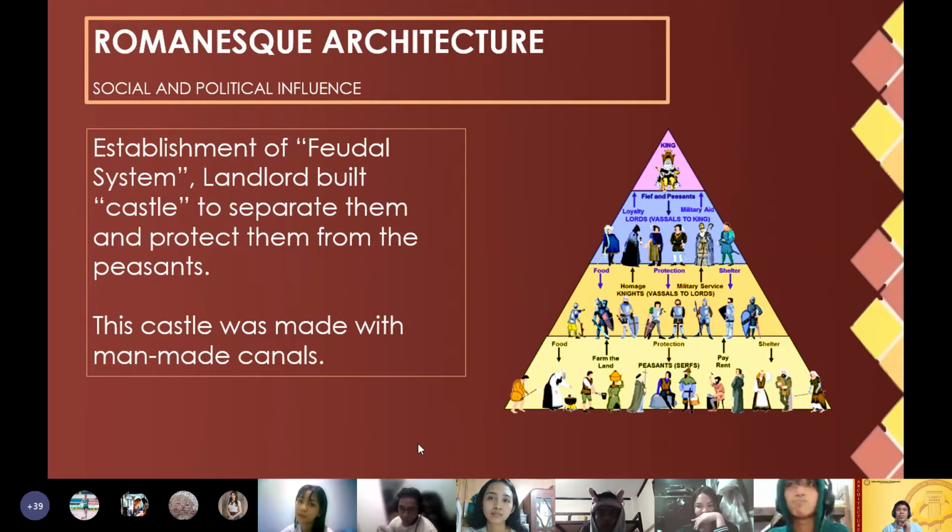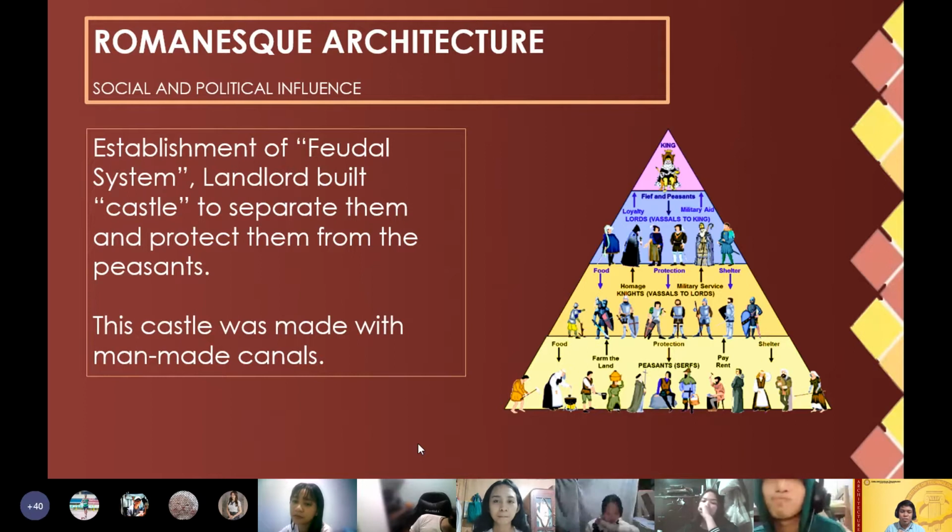So again, in terms of geographical influence, Romanesque architecture happens in Europe, in the whole continent of Europe. In terms of its geology, the materials are bricks, stones, terracotta, right? So those are the materials that they used.